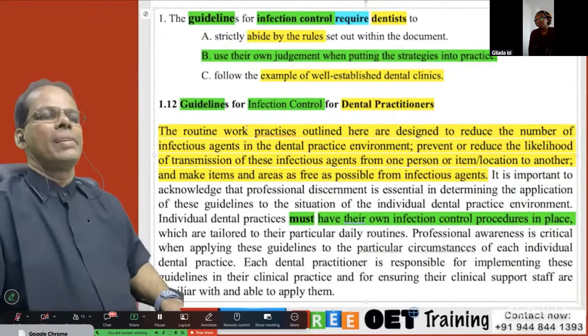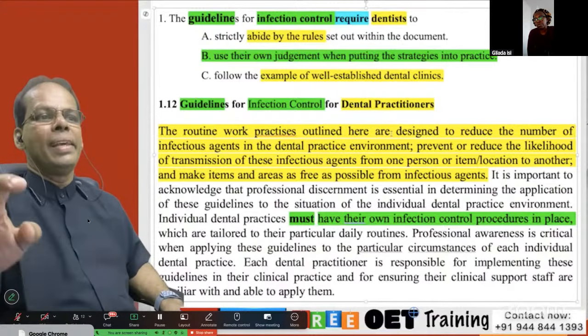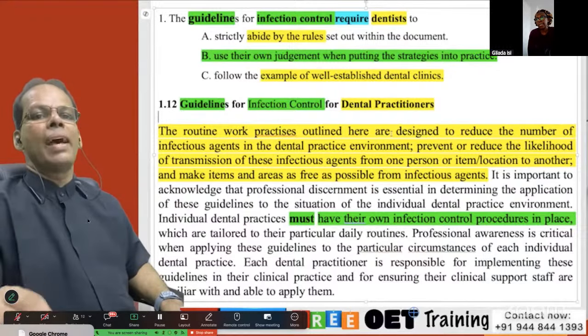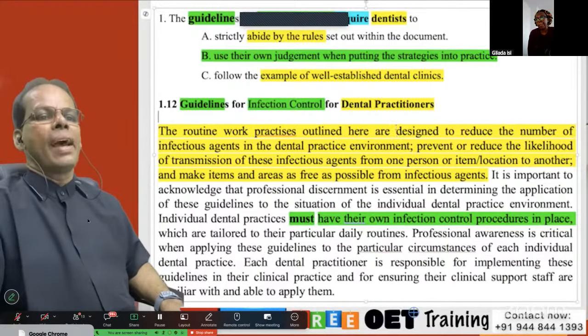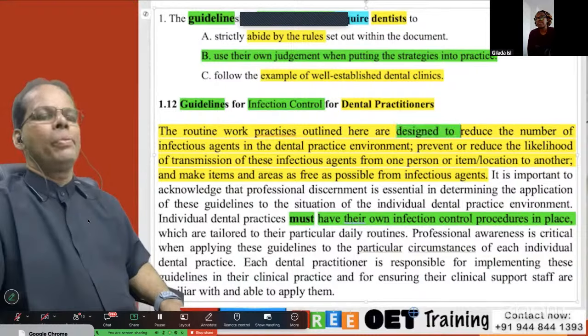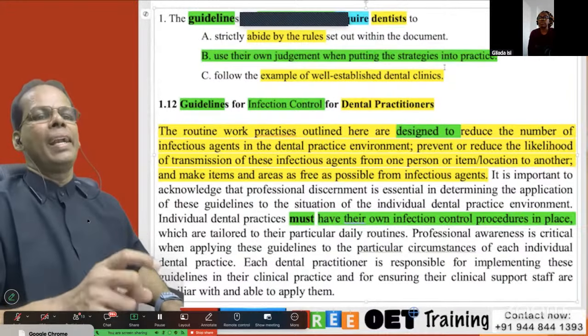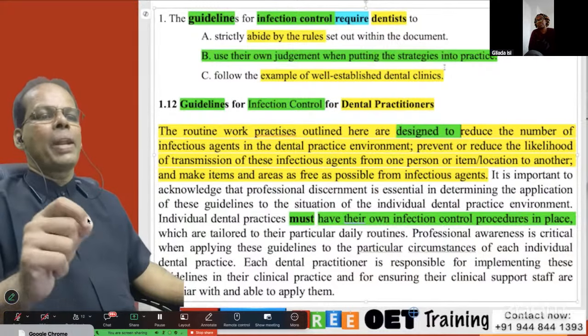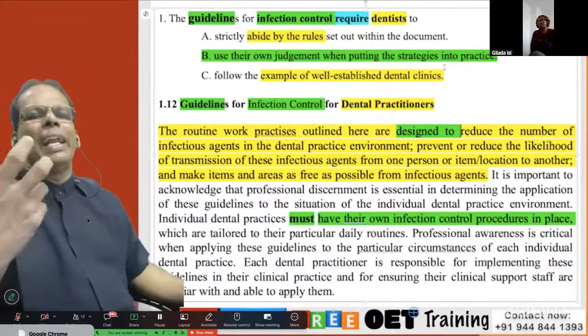The routine work practices outlined here. Here means in this guideline. Are designed to reduce. "Designed to" is a synonymous expression of purpose. It is the purpose of this guideline to reduce the number of infectious agents in the dental practice environment or dental clinic.